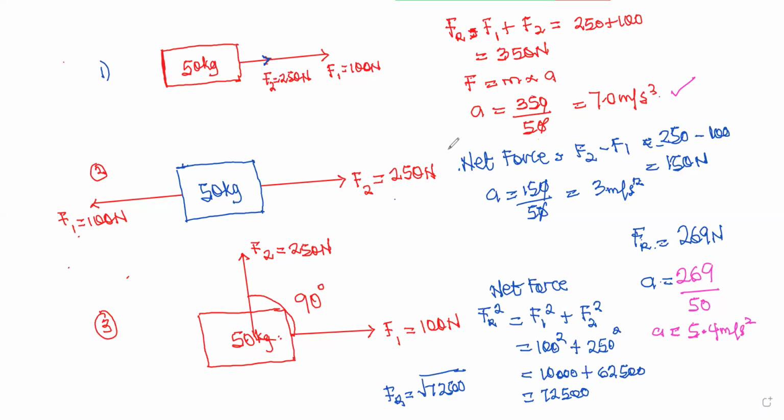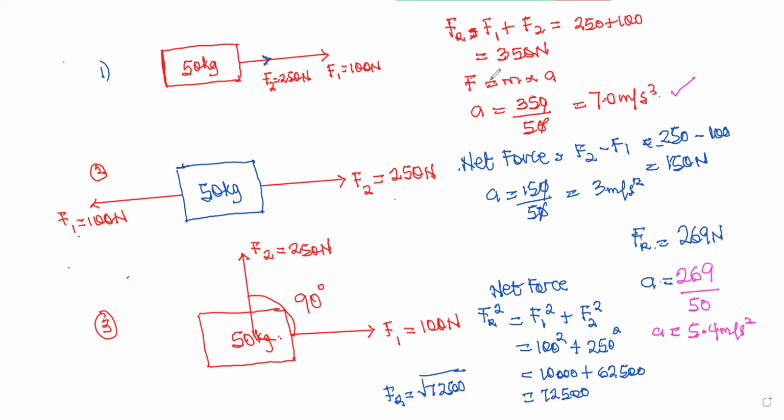Why? Because more force is applied on the right than on the left. Good. Acceleration always follows the direction of the larger force. Here we have two forces, so the acceleration always follows the direction of the larger force.